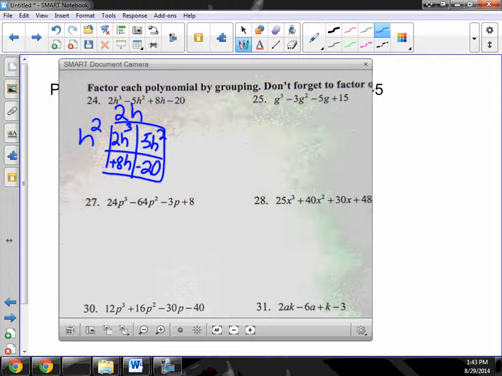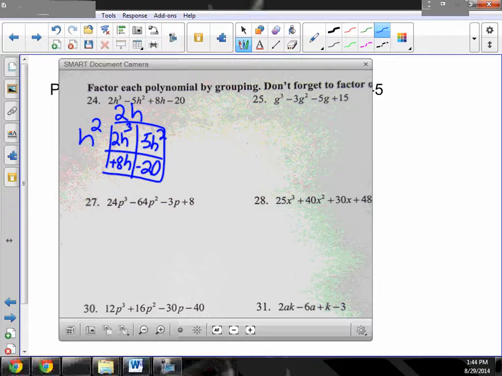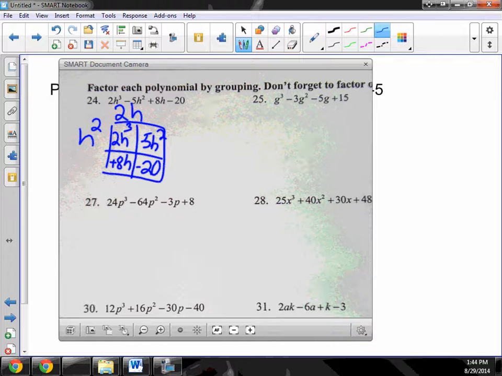So, do you get why this is h squared? Well, if you take 2h to the third and you divide it by h squared, what's left? Well, if I pull out 2 h's from this, I'm left with a 2 and an h, and that goes here. If I pull an h squared out of this, what's left? The h's are gone, and I'm left with negative 5.